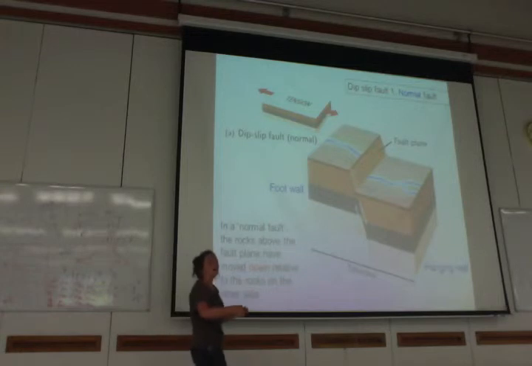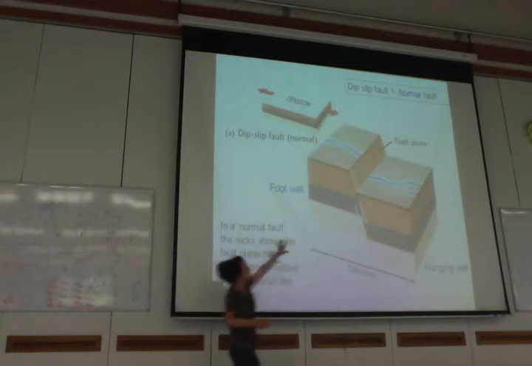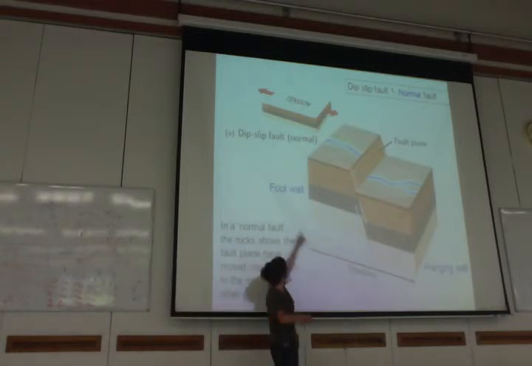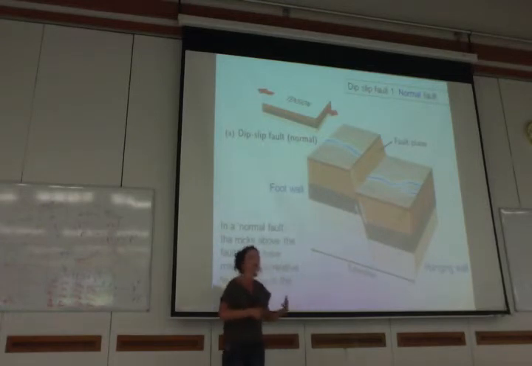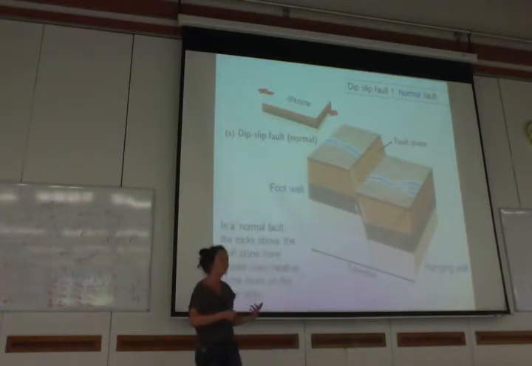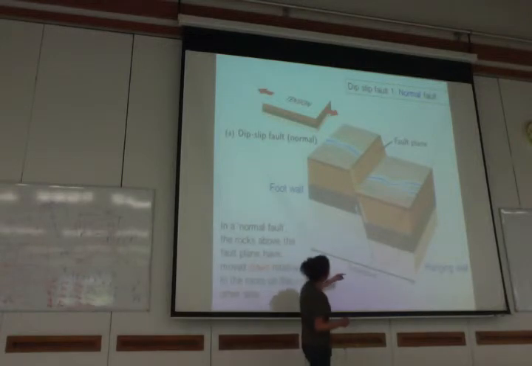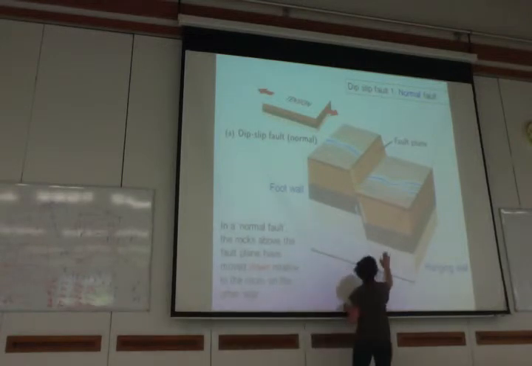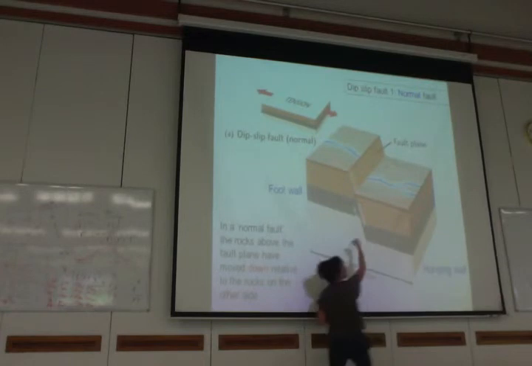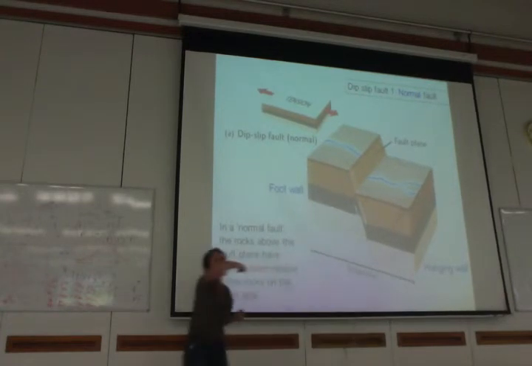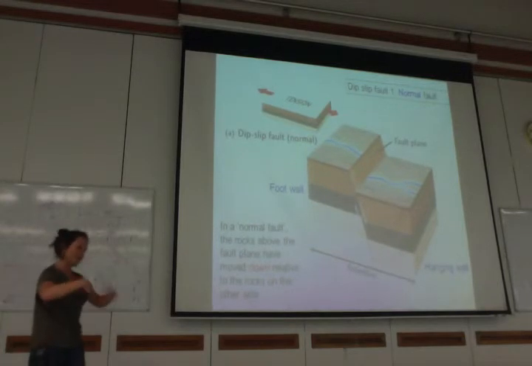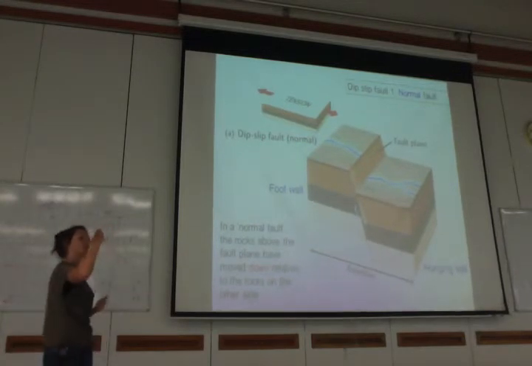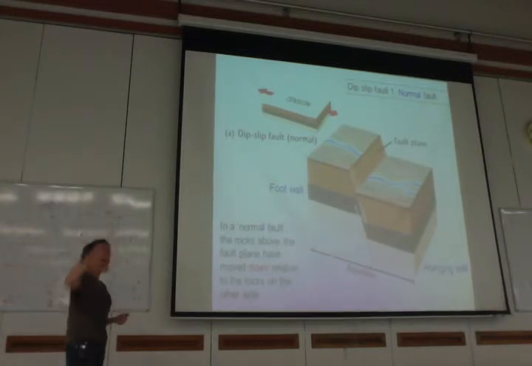And we have some weird terms for the rocks on either side of that fault plane: footwall and hanging wall. So these terms come from old mining terminology. So basically, the hanging wall is always the side of the fault which looks to be hanging over the other one. And that's because when miners were going underground and they were digging out rocks, sometimes they'd expose the fault plane and they could literally hang their lamp off it.